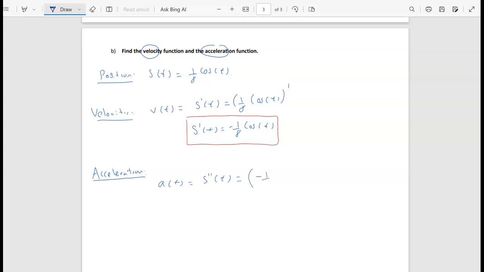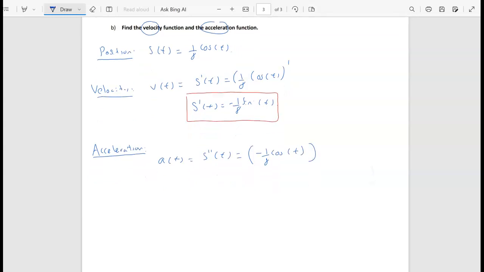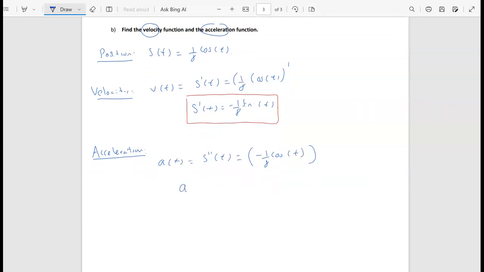Oh, I'm so sorry, this is supposed to be sine. And then we end up with 1/8 cosine of t. So our a of t is equal to negative 1/8 cosine of t.